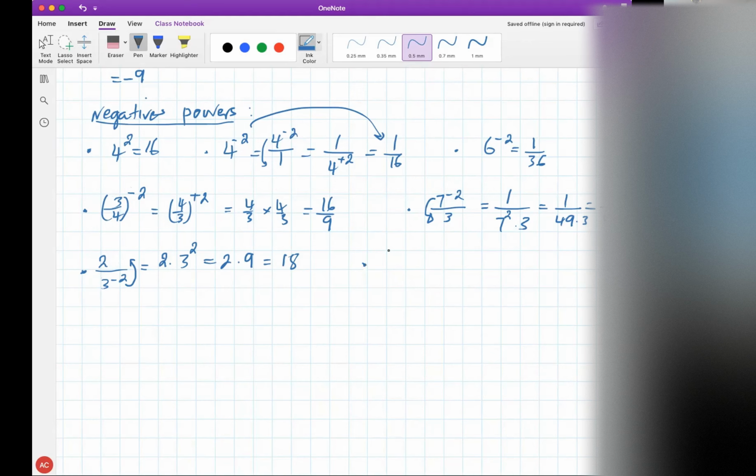Or sometimes both can be negative. For example, 5 to the power negative 2 over 3 to the power negative 2. So in this case, both are negative powers. So we're going to move both. Basically, we're going to flip again the whole thing. So this moves down, this moves up. So this becomes 3 to the power 2 over 5 to the power 2, which is 9 over 25.